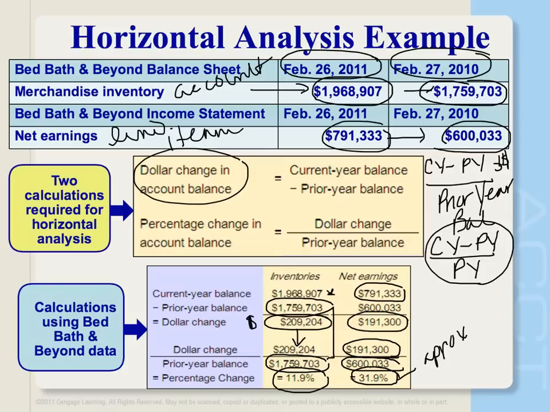The numbers don't look that big, do they? We grew from 600 to 791,000. That's only $191,000. But based on what it was to this year, it's almost a 32% increase. Companies would take that every day.